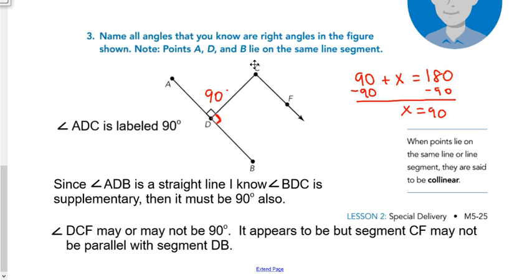So, it looks parallel, but we can't say for sure because it's not labeled with the 90-degree angle sign, and it may be shifting a little bit to the right or so. So if these are not parallel, then we can't say this is a 90-degree angle.